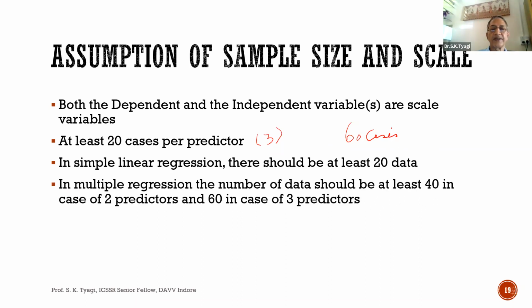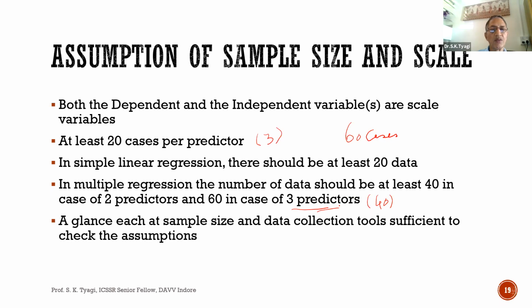In multiple linear regression, the number of data should be at least 40 in the case of 2 predictors and 60 in the case of 3 predictors. In my example, I had 40 cases, but I had 3 predictors, so I am violating this assumption.